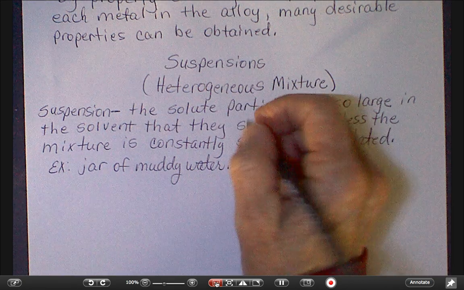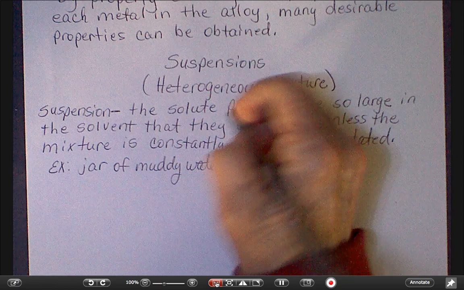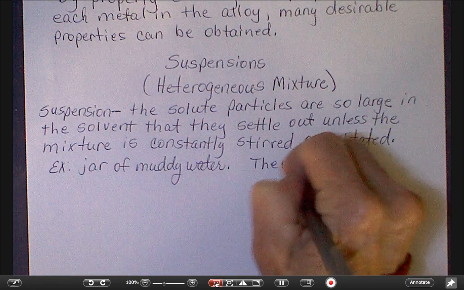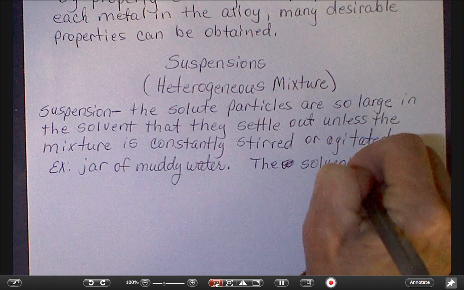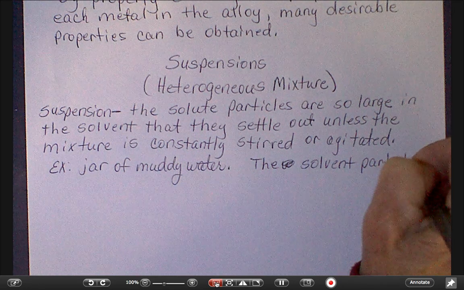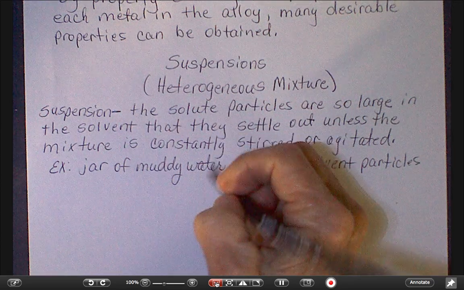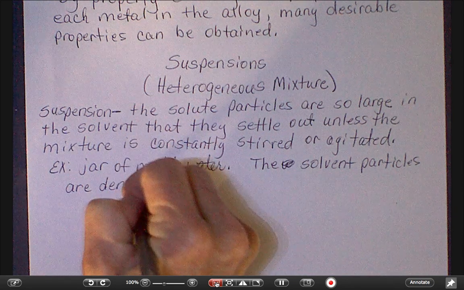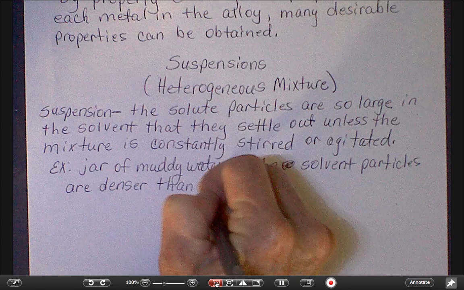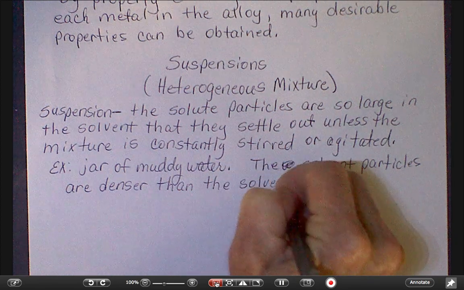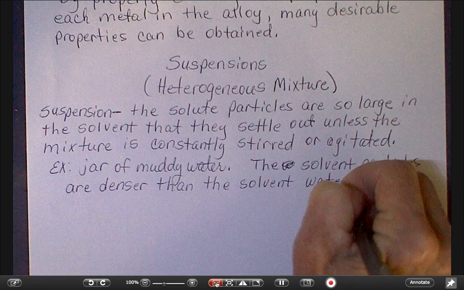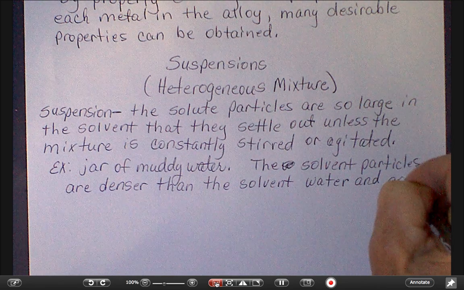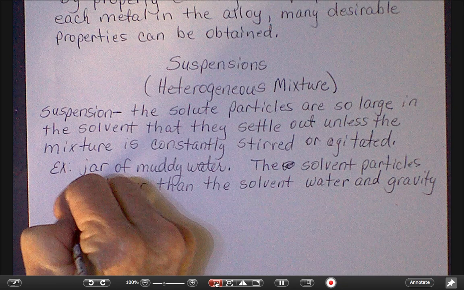The solute particles are denser than the solvent water, and gravity pulls them to the bottom.